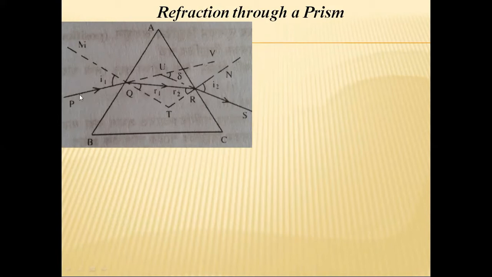So light goes from a rarer medium to a denser medium, then back to a rarer medium.